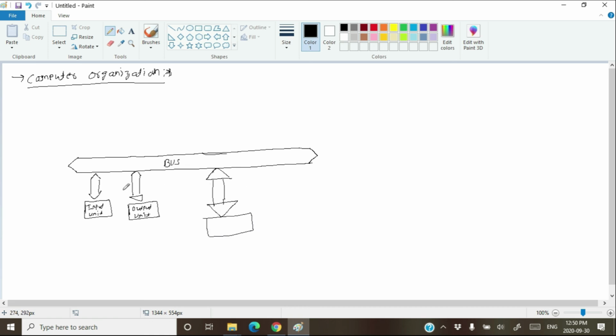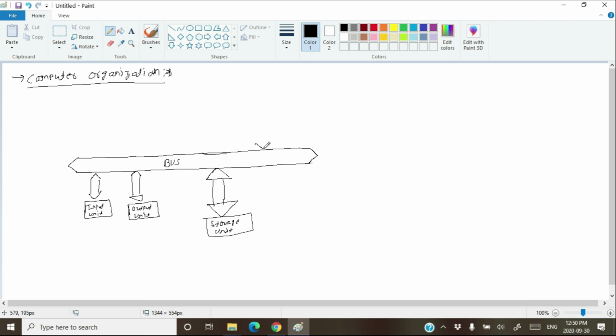Don't care about these arrow signs. Actually, you should draw a good diagram. I am not drawing a good looking diagram, but you should draw a good looking diagram. So input unit, output unit, and the other unit is storage unit. This storage unit is also connected to the bus or system bus.